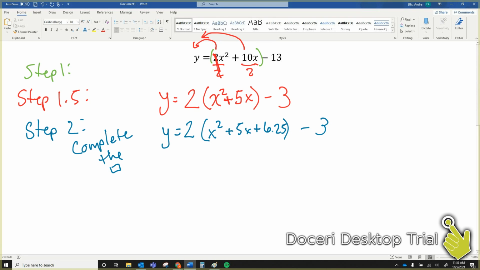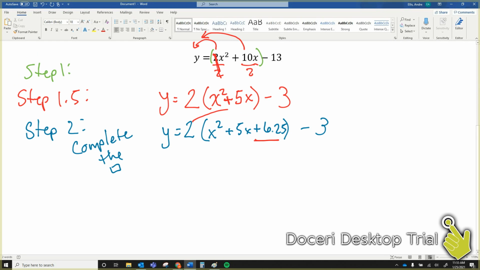Now, this is the second place where it's a little bit different. It looks like I added 6.25. However, I want you to notice that everything in these parentheses is being distributed to. This 2 came from them, so technically it belongs back with them. That being said, I actually didn't only add 6.25.